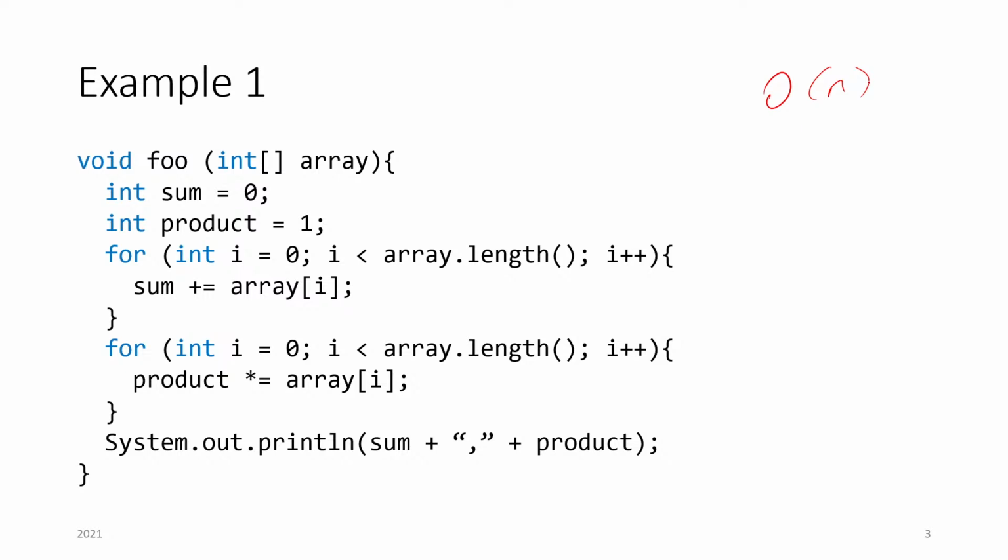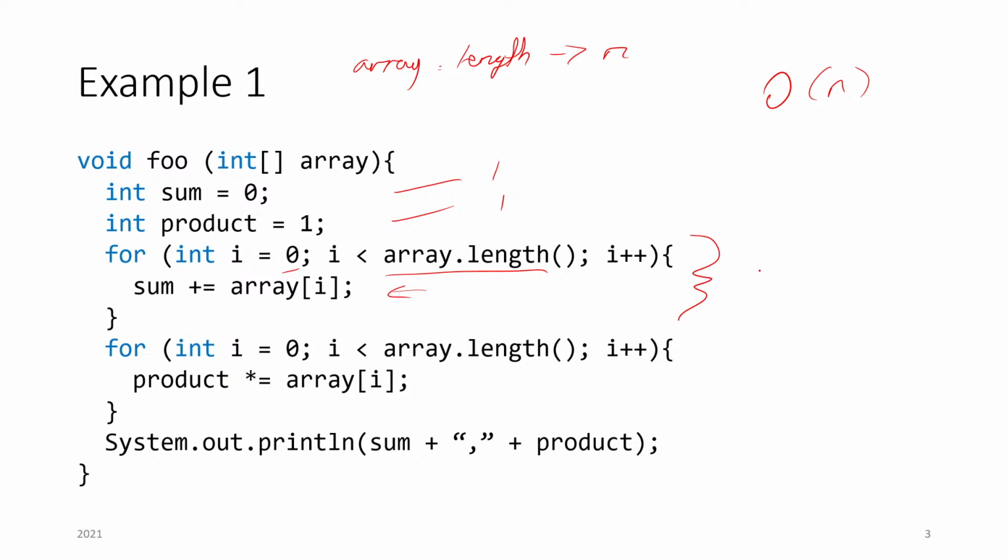Let's see why this is O of n. This instruction here is just a singular instruction, so that's 1. This loop here starts at 0 and goes up to the array length, and if we treat array length as n, then this instruction runs n times.